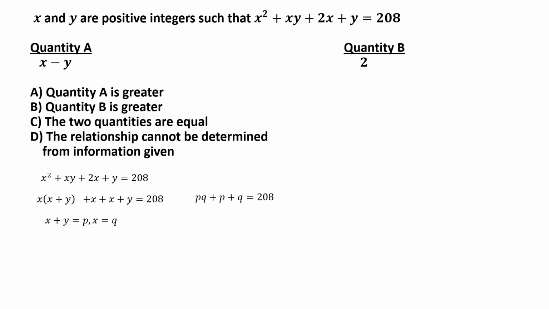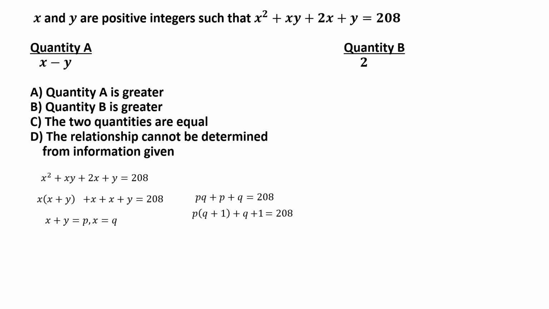And further, if we take p common from the first two terms on the left hand side, we get p multiplied by q plus 1 plus q is equal to 208. And if we simply add 1 to the left hand side, we can see that this becomes amenable to a nice factorization, because we can take q plus 1 common across these terms.